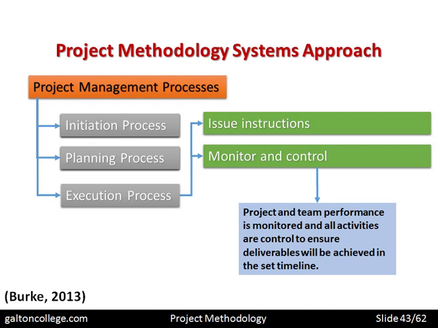So they receive tasks to complete, they should complete them within that timescale. So that's monitored. They may need additional support. It may turn out that there are issues that were not anticipated or arise for whatever reason.